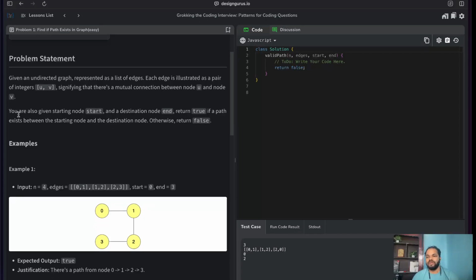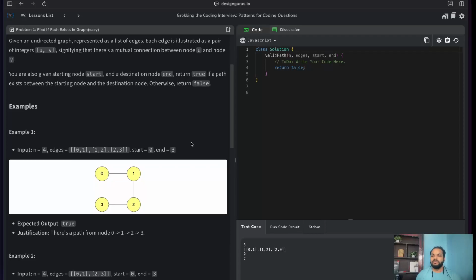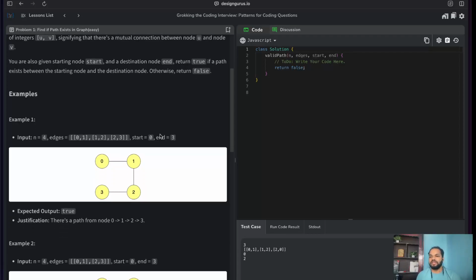You are also given a starting node start and a destination node end. Return true if a path exists between the starting node and the destination node, otherwise return false.